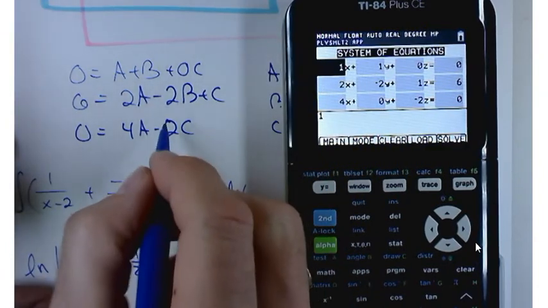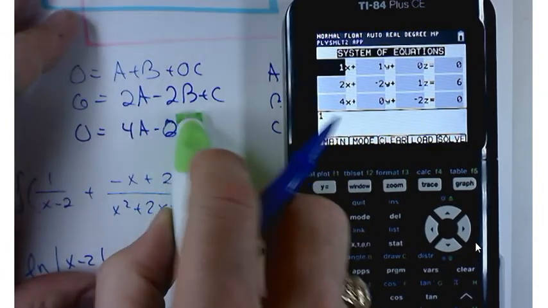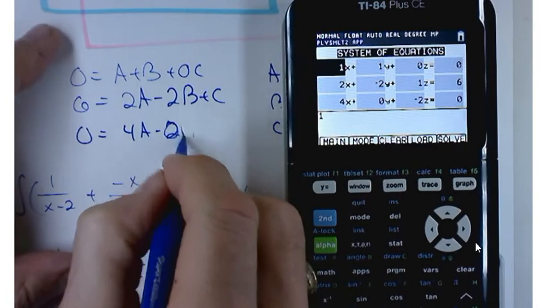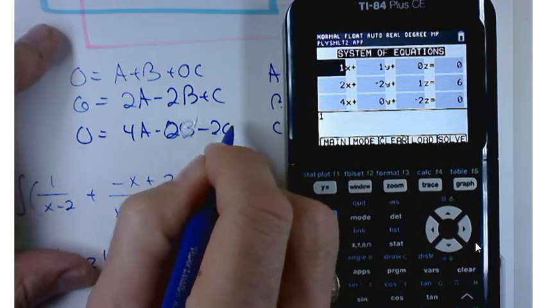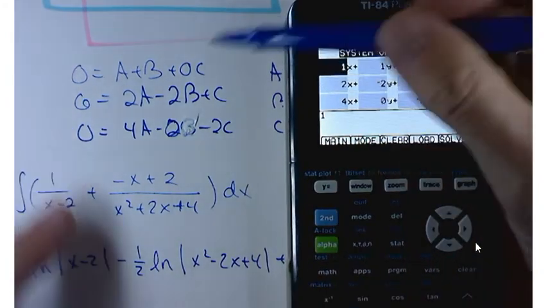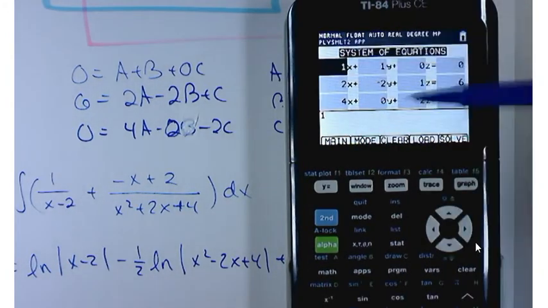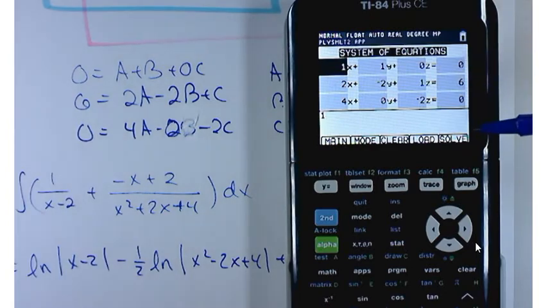Yeah, so I could put 0b minus 2c. All right, so now all the coefficients here should line up with the coefficients here. This is just the right-hand side. Okay? Yeah, then you just hit solve.